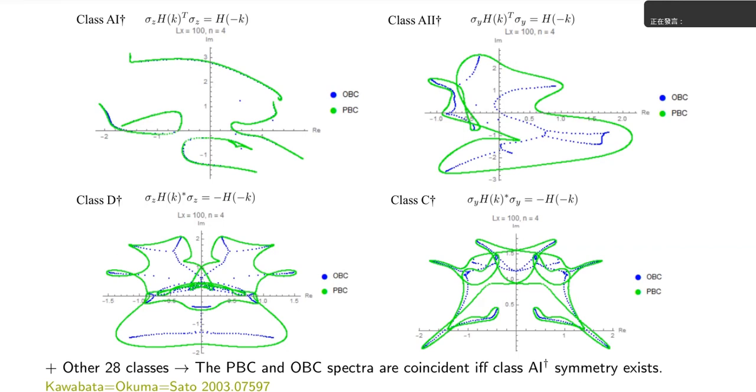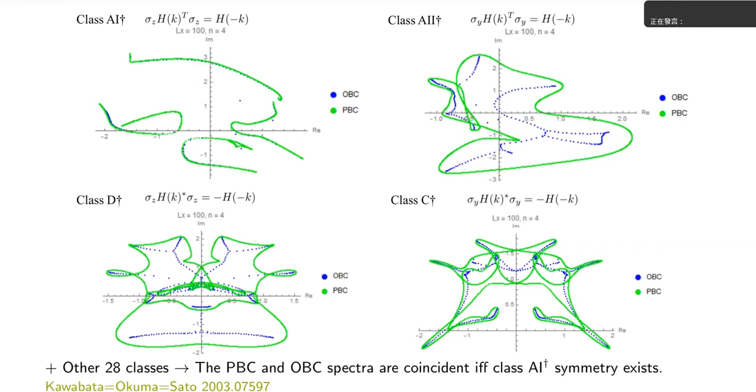However, I have a skin effect. There's a Z2 number defined by this H dagger symmetry. Okay, so this is the numerical demonstration.